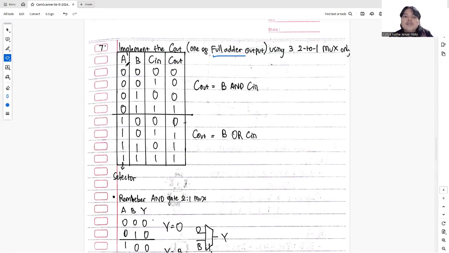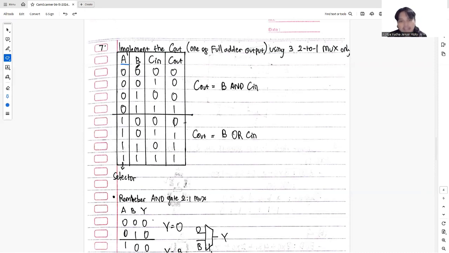Now we have to choose one of the inputs as our selector for the next step. I'm using A as my selector. Why? Because it's easier for me when I separate this table into 2 segments: when A is 0 and when A is 1.